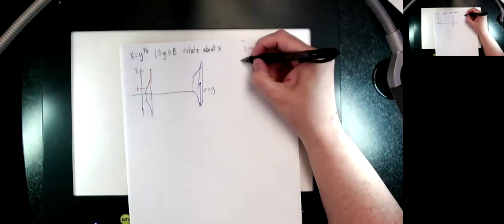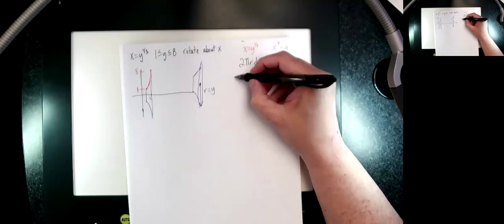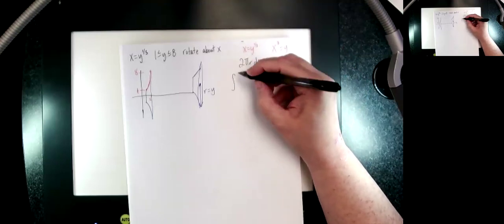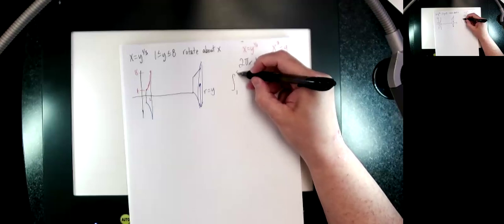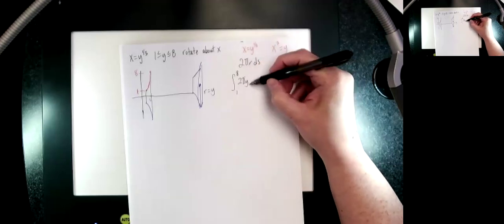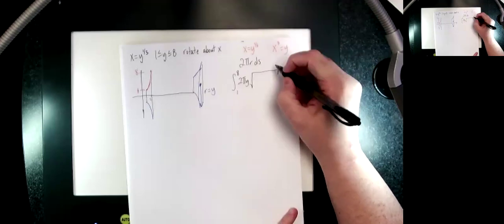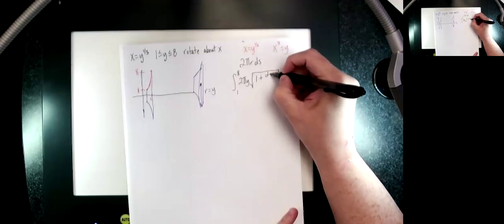So remember, we're doing 2 pi r ds. If we go with r equals y, we're going from 1 to 8, 2 pi y, and we're going to want a dy. So this is going to be the square root of 1 plus dx dy squared.